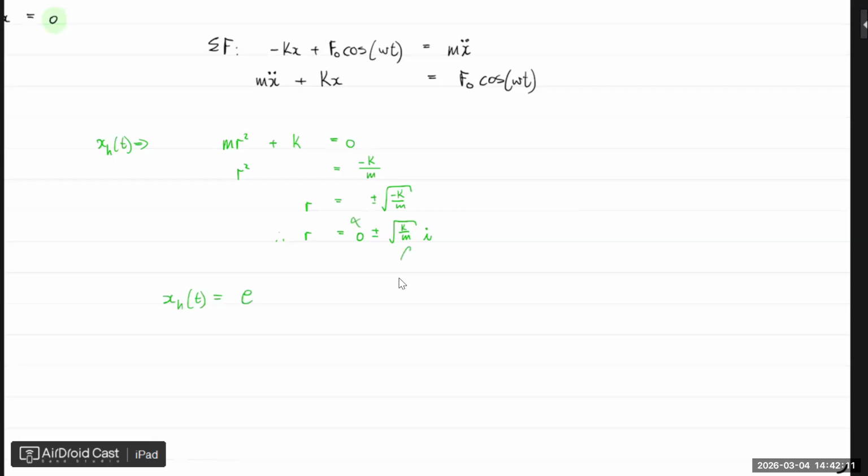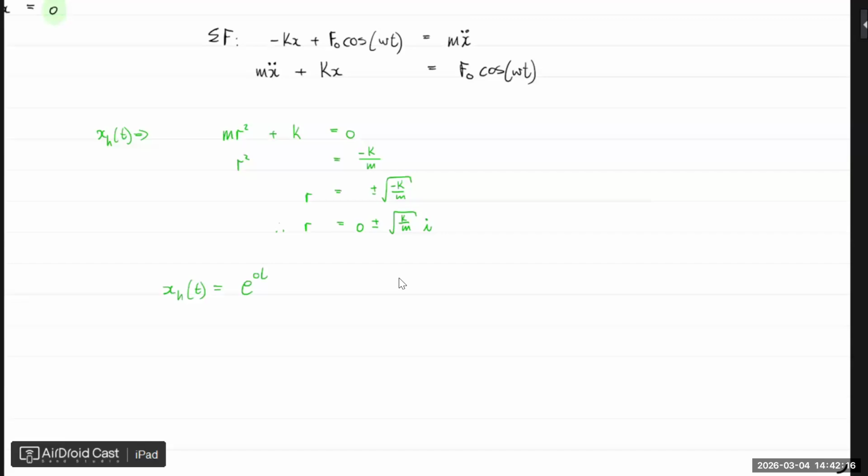Remember, that was alpha, and this is like beta, or A and B. So it's e to the power of 0t multiplied with C1 cos of the beta, which is square root k over m, t, plus C2 sin square root k over m, t. That is the solution to a homogeneous differential equation that has a complex solution.